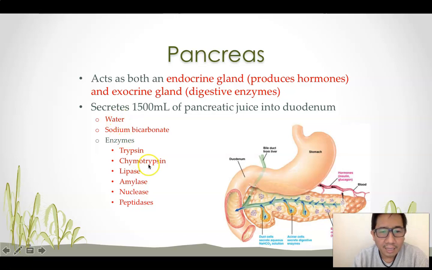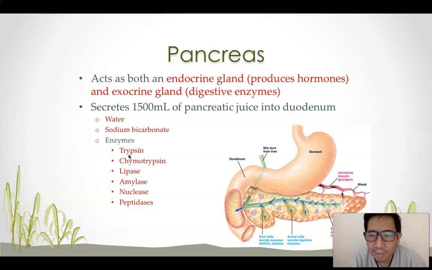Trypsin. Anything you see with trypsin, chymotrypsin, pepsin, they all sound the same, and because they do the same thing, they break down protein. Trypsin and chymotrypsin break down protein. Lipase, lipid, breaks down lipids.